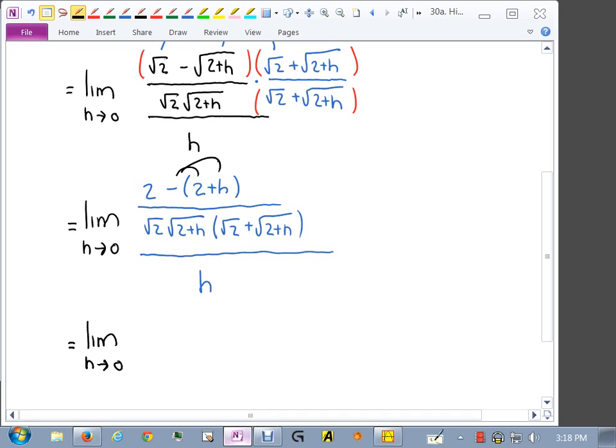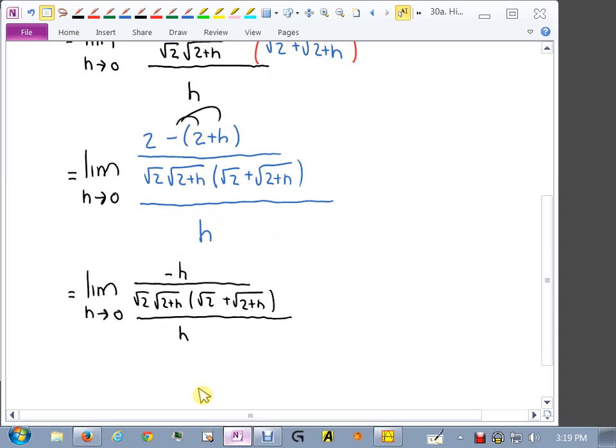Negative 2, negative h, and the 2 minus 2 is going to go away, and you'll be left with negative h on top, over root 2 plus h, parentheses root 2 plus root 2 plus h. Oh wait, root 2 plus h. All of that over h. And we have reached our objective, which was to get it to a point where the h would cancel.